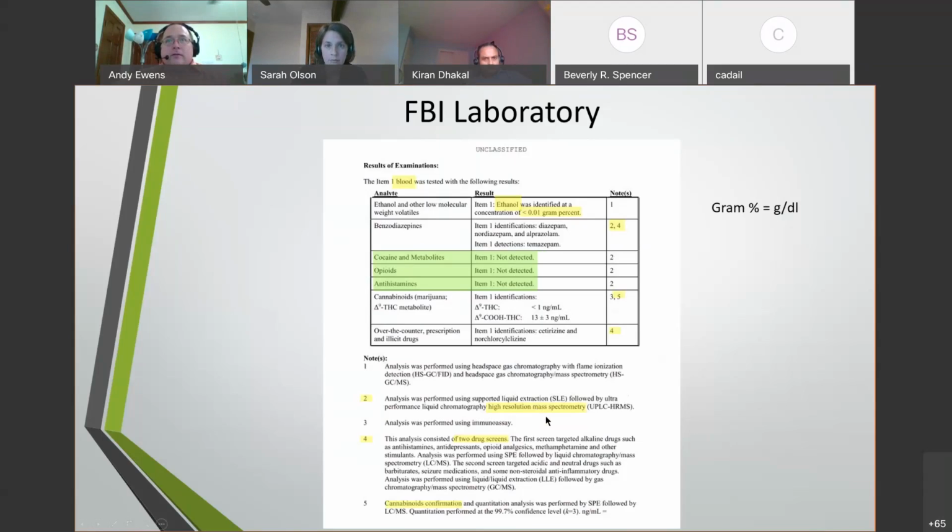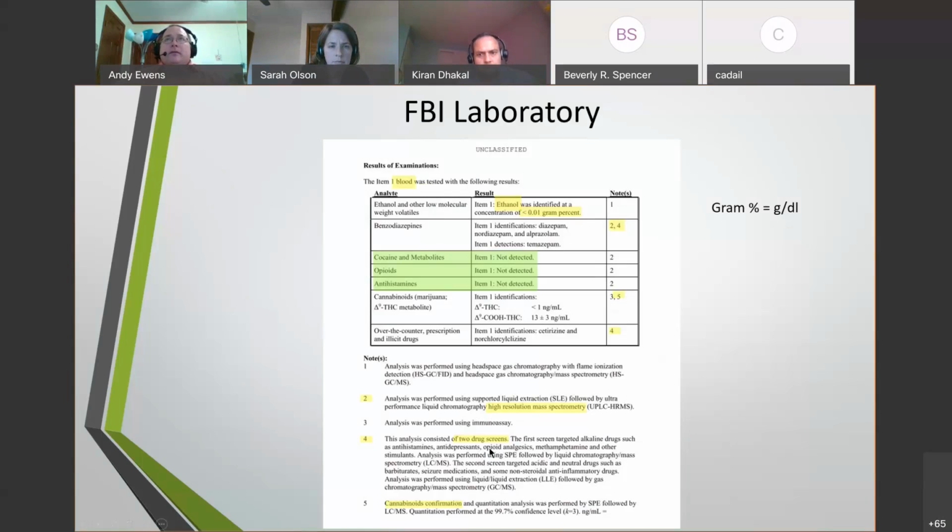So note 2 is saying they used liquid extraction and ultra performance liquid chromatography with high resolution mass spectroscopy. That's just one of the instruments for that. And then for number 4, they are saying that this analysis was with 2 different drug screens.